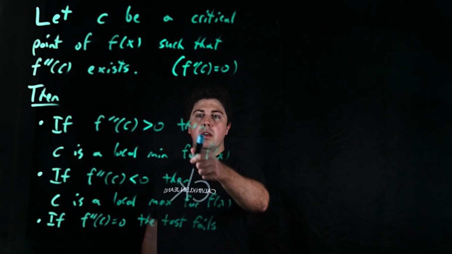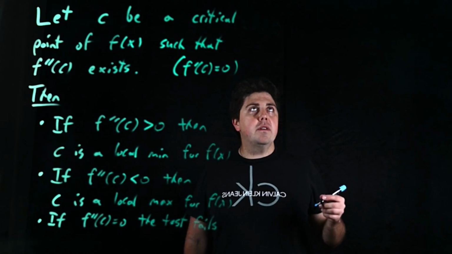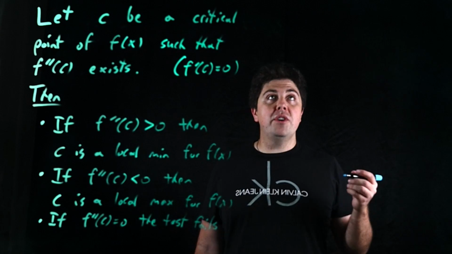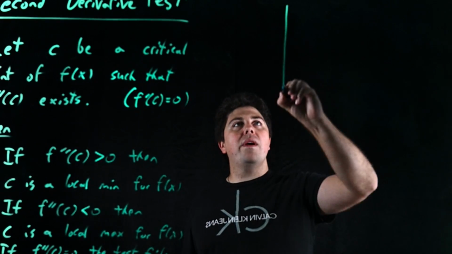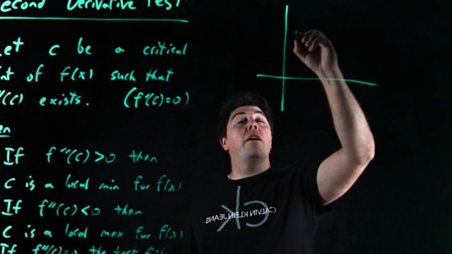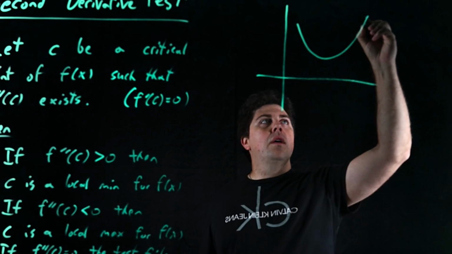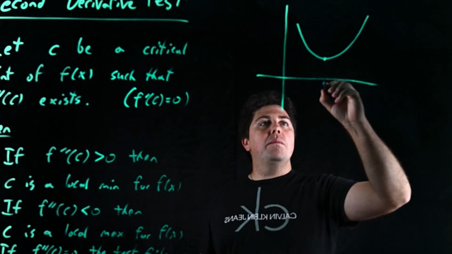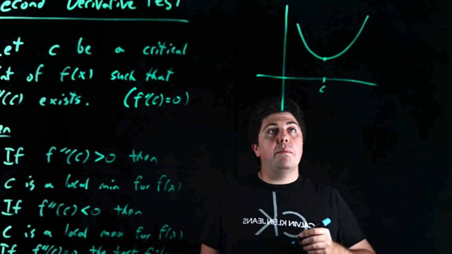So first, for the two bullet points in the affirmative, let's draw a quick picture to see why we should think that this is the case. If we have a function that looks like this, and we have a local minimum here, well then what's happening?